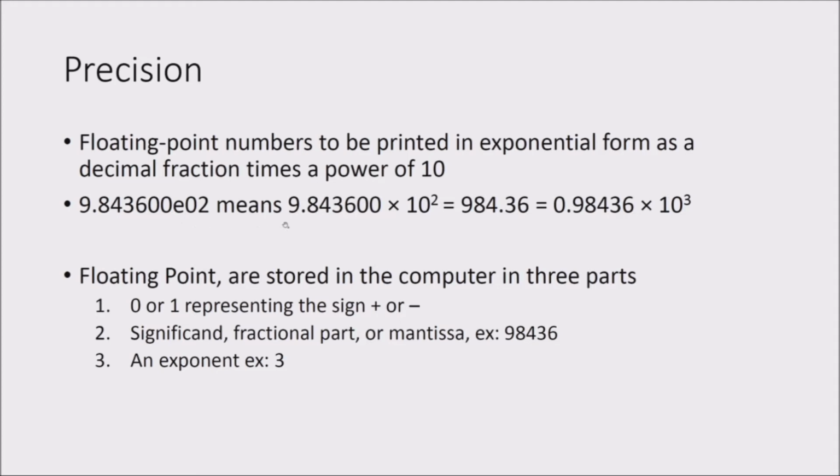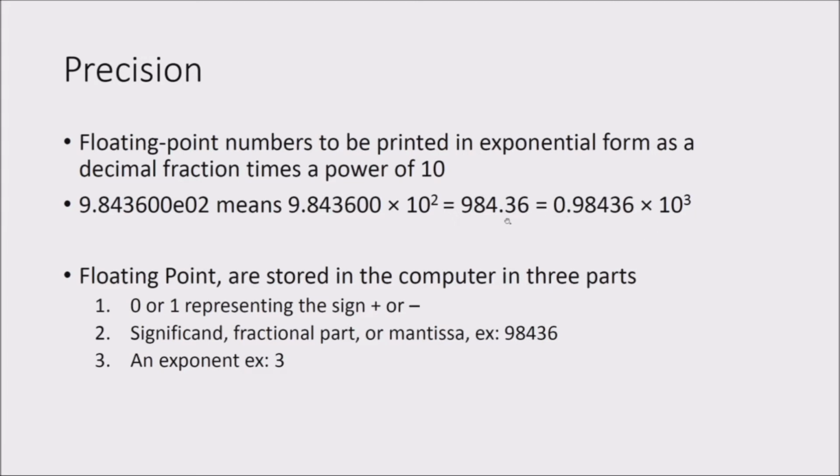So this means actually you can write it differently. When you have 100 here, actually it is 984.36. You don't consider these zeros, so this is the number actually. And if you want to store it in a computer, you have to write it in this form. So what does this mean?